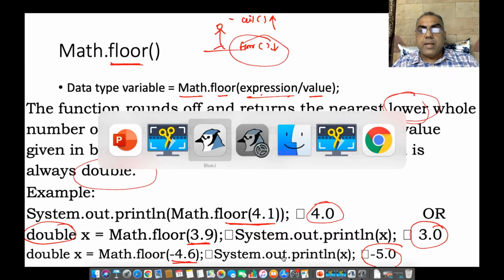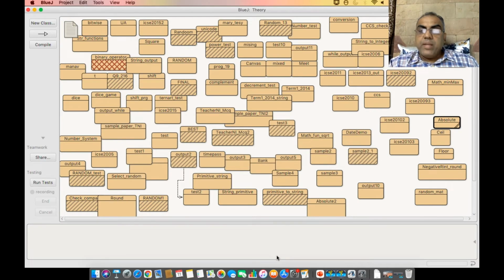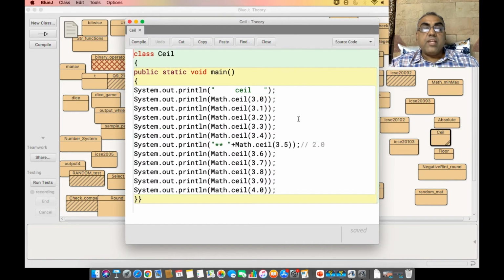Let us take a practical from this. If my numbers are here, I'm going to take ceil first. So I've got a range of values. As I told you, the digit after the decimal is going to be crucial.